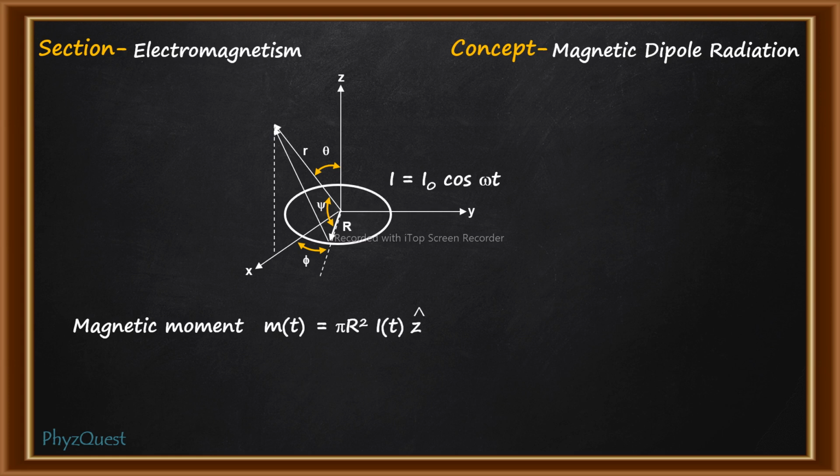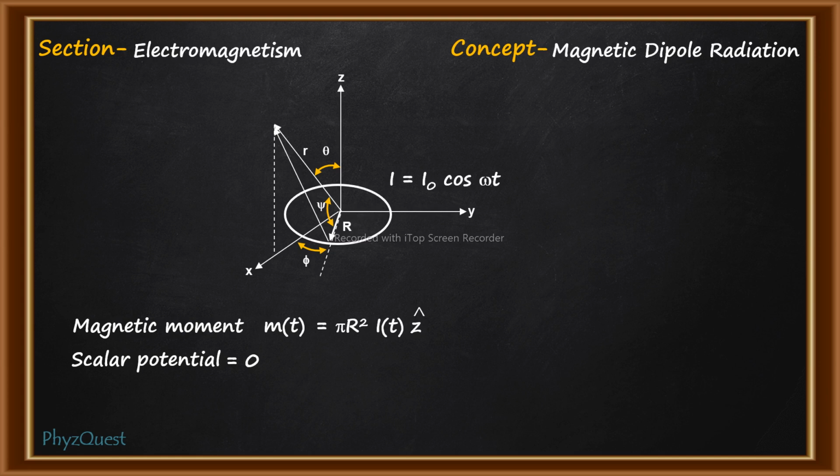In order to calculate the electric and magnetic field, we must know the scalar and vector potential. Since there is no net charge on the loop, the scalar potential will be equal to 0. Now, when we calculate the vector potential with the condition that the distance r is much higher than c by omega, which is again much higher than capital R, that is basically the radiation zone.